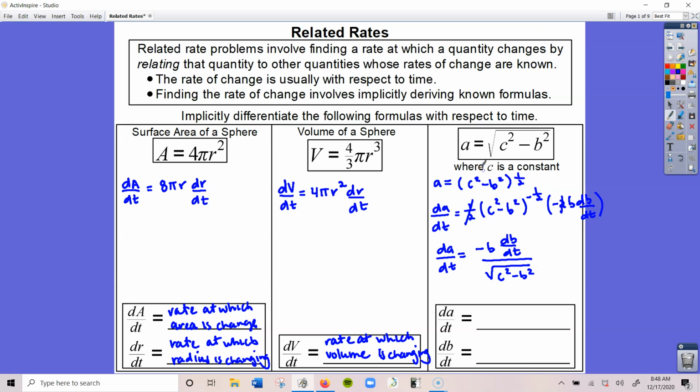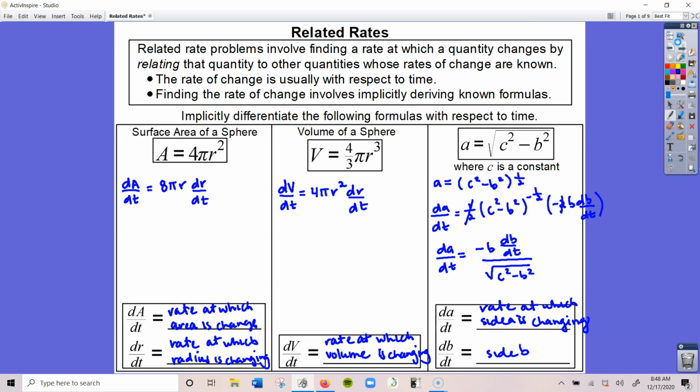Since this represents the Pythagorean theorem equation solved for A, dA dt is the rate at which the side is changing. And dB dt is the same thing, but for the other side, the rate at which side B is changing. So this is for side A and side B.